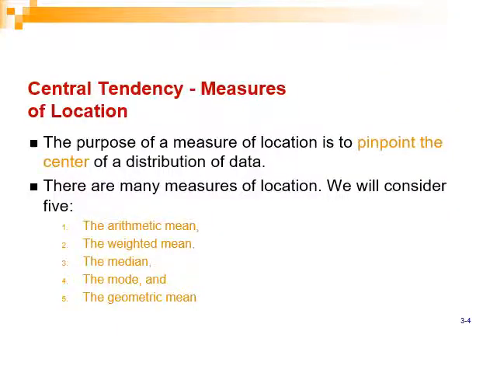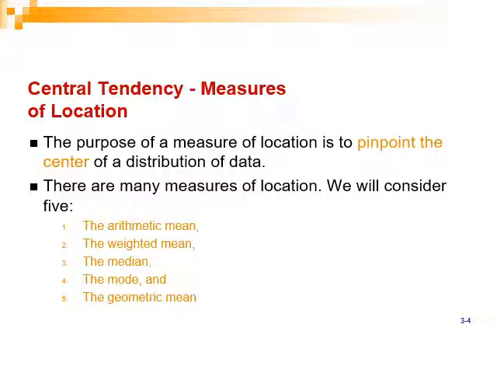Now we will introduce the central tendency measures, or the measures of location. The purpose of a measure of location is to pinpoint the center of the distribution of data. This means that if I have values, I want to know around which value the data is centered. What is the pinpoint of the center?